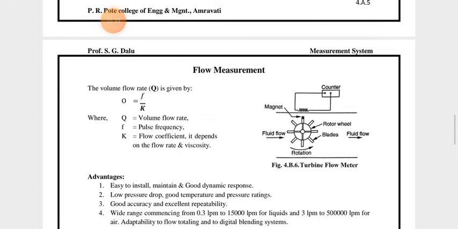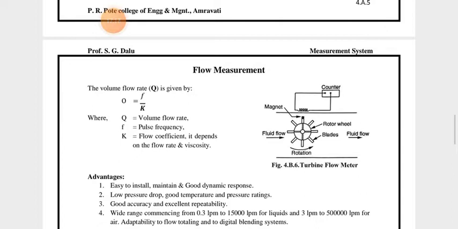And that rotor wheel has blades, 8 blades are there, and on one of the blades a magnet is attached. So when the fluid flows through the pipe, the rotor wheel will rotate in the anti-clockwise direction. The rotation is also represented there.